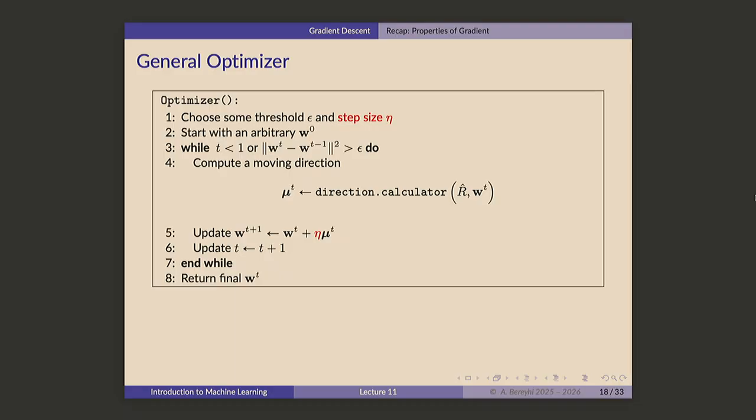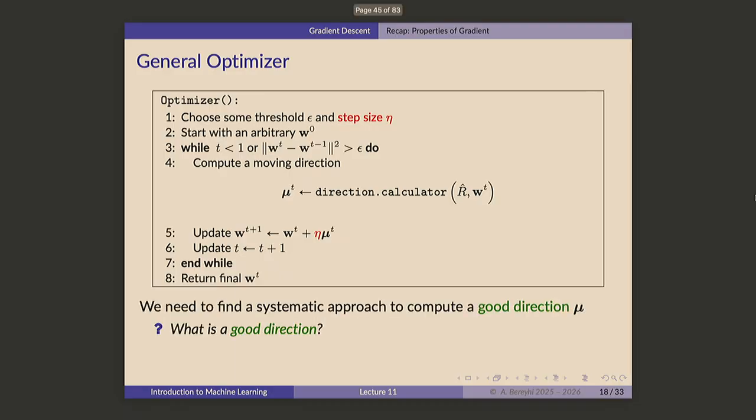Okay, great. So this is the way that you can design an optimizer. Then the question that is left is, what is a good direction, right? And probably many of you know that a good direction is given by minus gradient of the surface. Why is this the case?